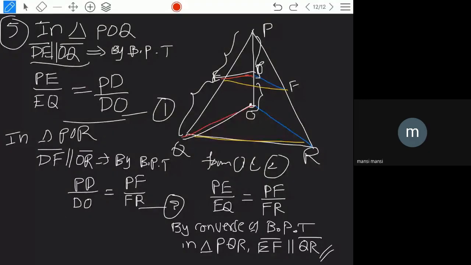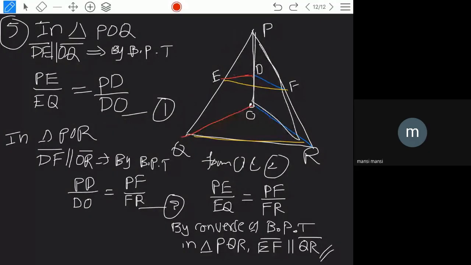And in the triangle POR, here it is given that DF is parallel to OR. This is DF, this is OR.